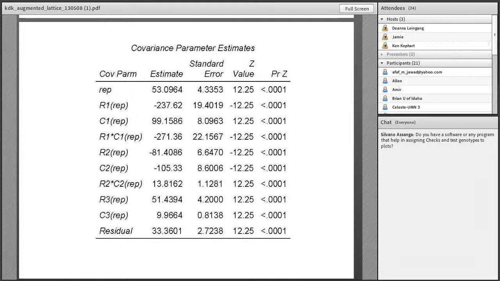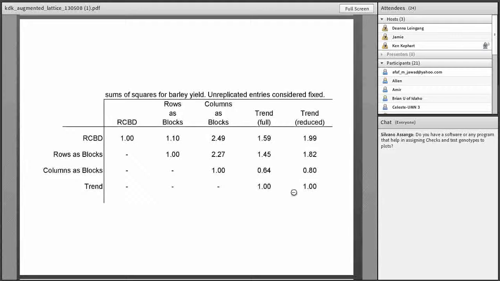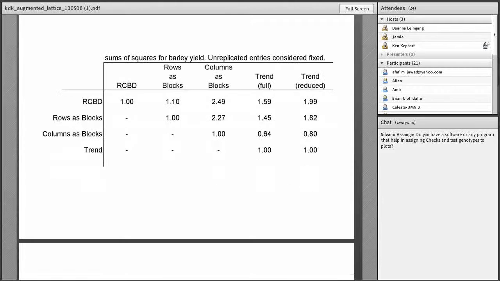So let's look at some relative efficiencies. And here, what I'm trying to do is compare these 4 unadjusted models, so we're not looking at any covariates other than in the trend analysis on the interblock error. We're using type 3 sums of squares, and in this particular case, the unreplicated lines are considered fixed.